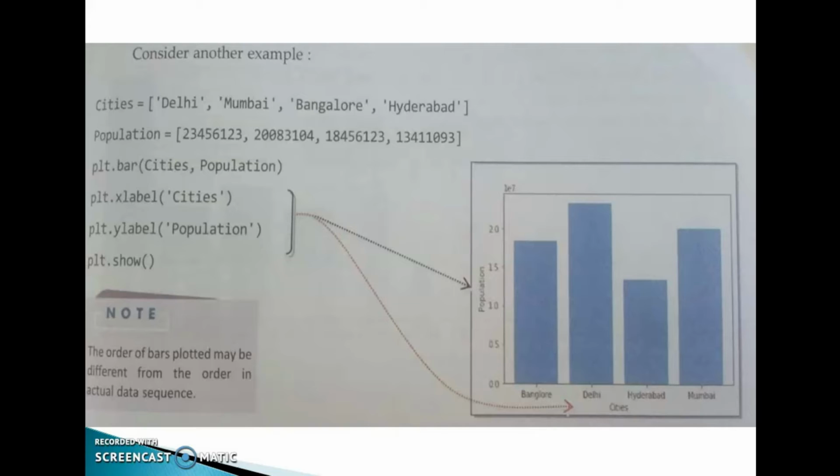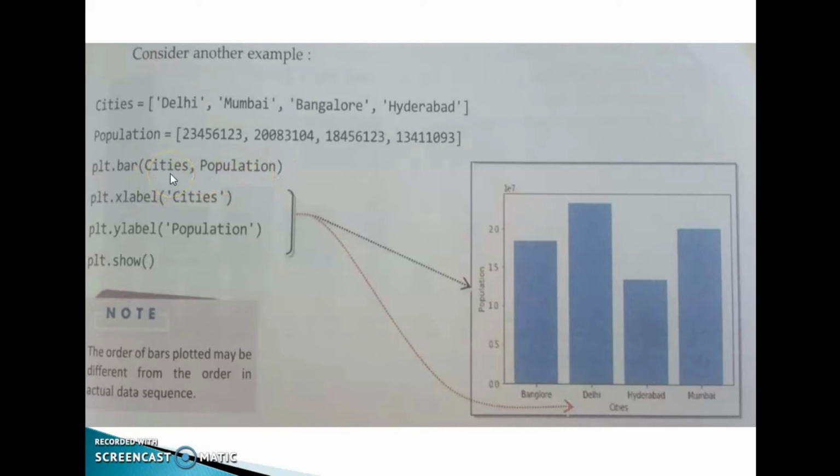Then consider another example. Here we used cities and population. Cities is a list: Delhi, Mumbai, Bangalore and Hyderabad. Population, these populations we also specified there. Then we plot one bar graph by using the bar function. plt.bar(cities, population).